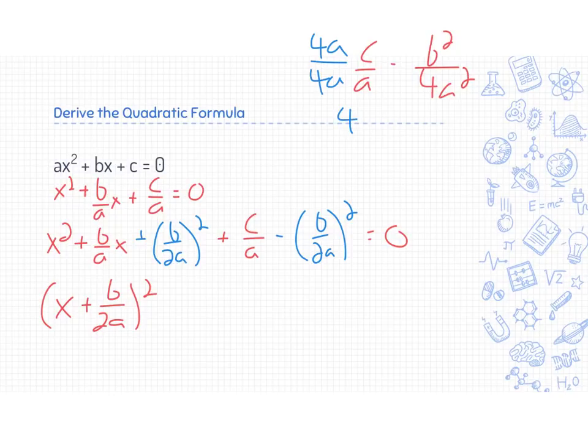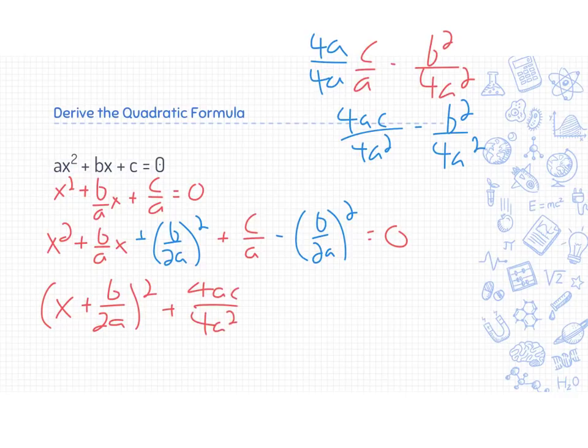So then I get 4ac over 4a squared minus b squared over 4a squared, and that is equal to 0.